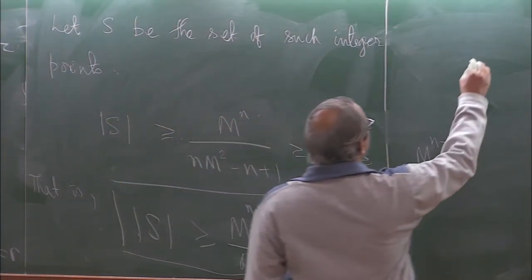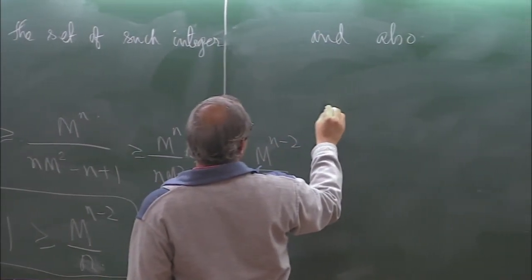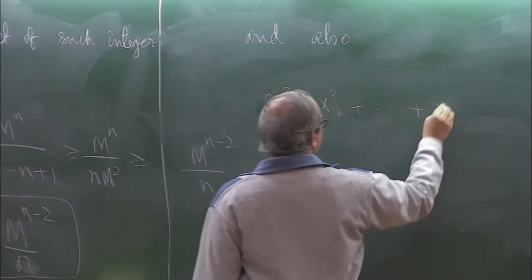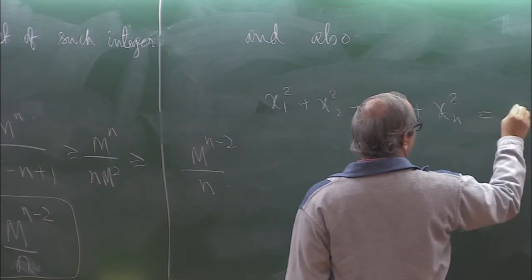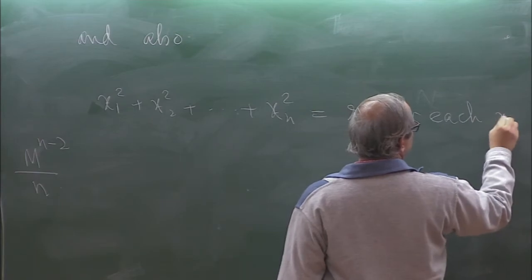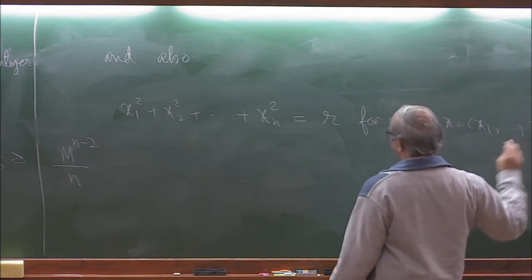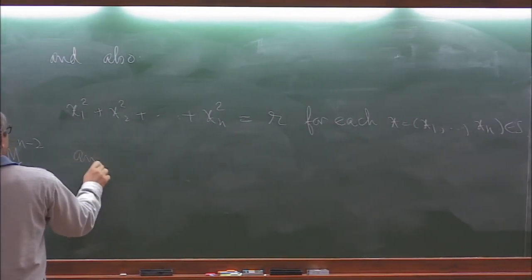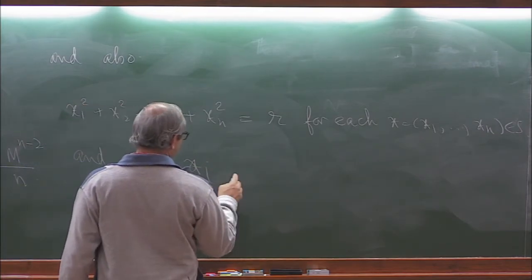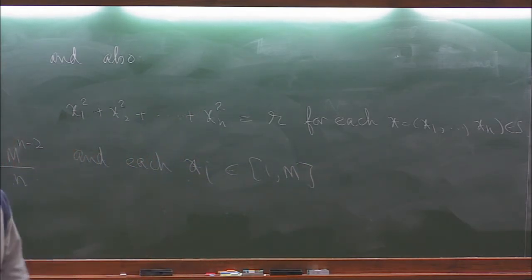So first of all, this is true. And secondly, x1 squared plus x2 squared plus ... plus xn squared equals r for each x = (x1, x2, ..., xn) in S, and each xi is in 1 to m, just to overemphasize this fact.